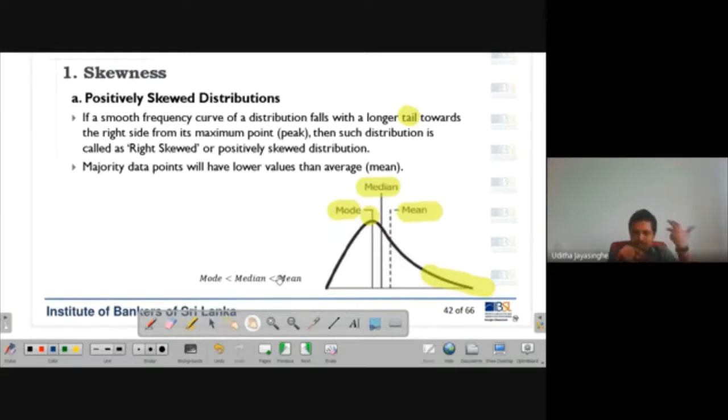There's one famous or popular example which I quote always. The chemistry marks of advanced level mathematics students, when you plot the chemistry scores, that will have the impact of this positively skewed distribution. Why is that?